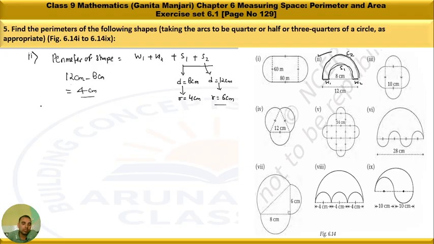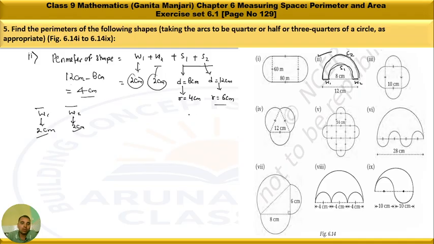This 4 centimeter will be divided into two equal parts, width 1 and width 2. So width 1 will be 2 centimeter and width 2 will be 2 centimeter.